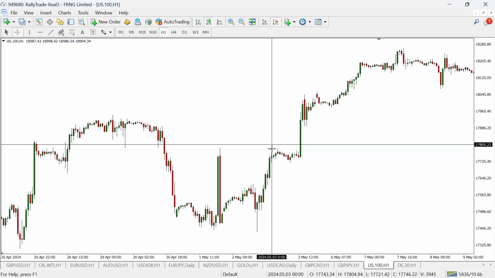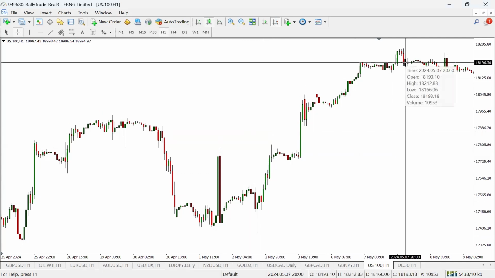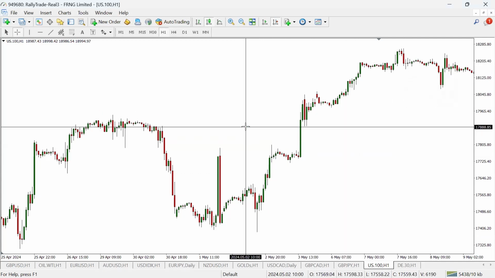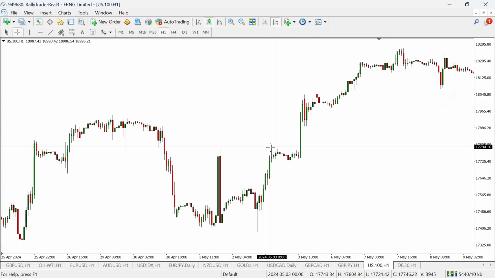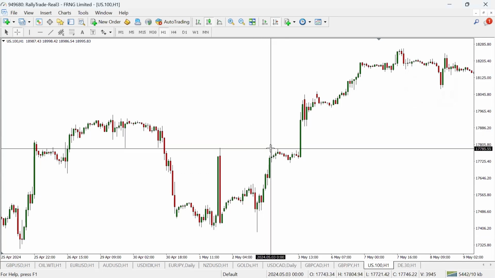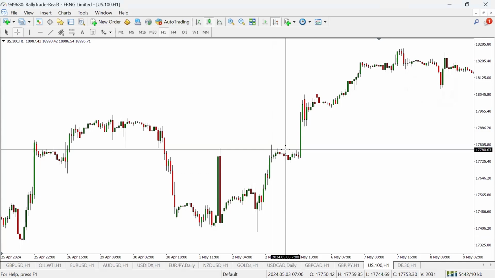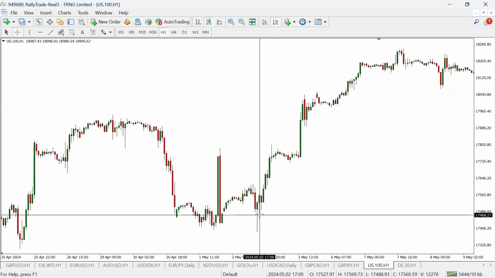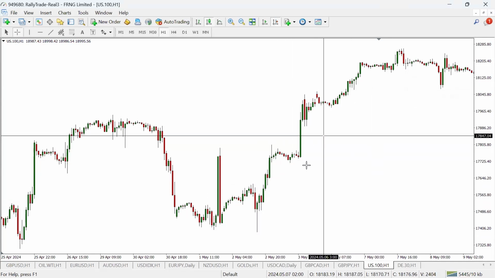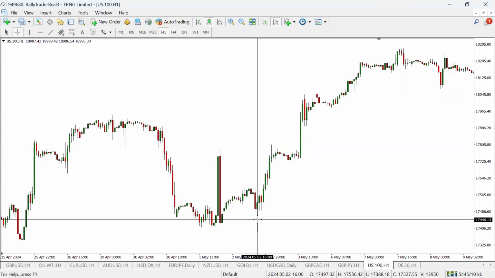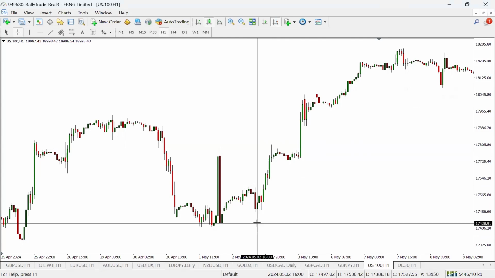Now, like I said, the market doesn't just move in a straight line. It always creates retracements. The retracement happens as a result of the buyers, the bulls in the market. Bulls are actually called buyers.